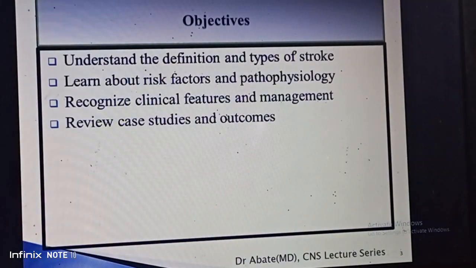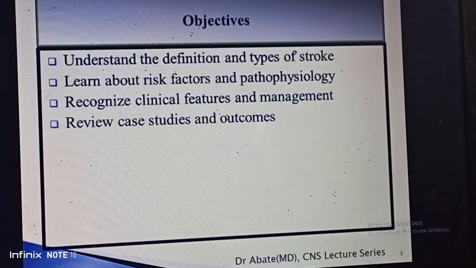The objective of this lecture is that after we discuss this session, you will understand the definition and types of stroke, and you will learn about the risk factors and the important pathophysiologic mechanisms that may help you in managing your patient.